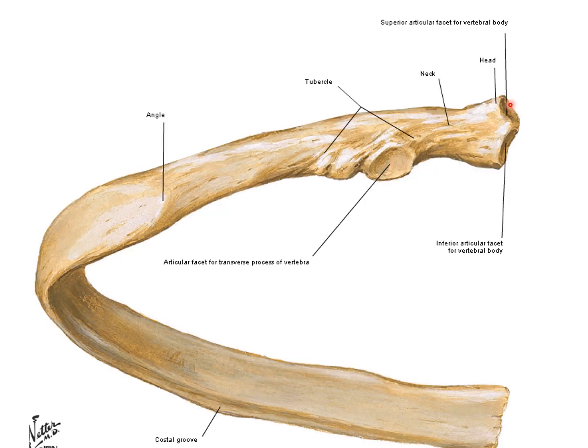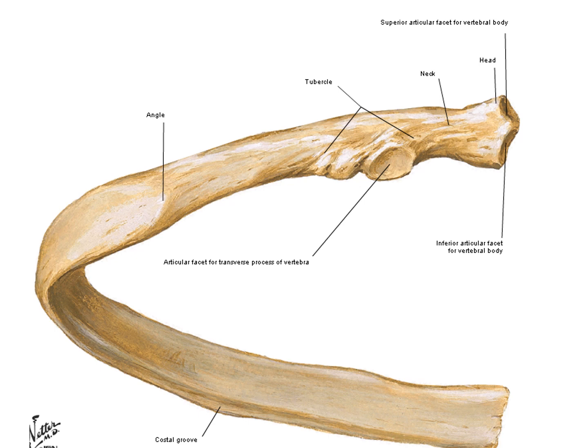This is the head. You can see in the head we have two facets. This is the facet for the vertebra above, and this is for its own vertebra. Here, this is a tubercle. You can see a facet for the transverse process, and a facet for the costotransverse ligament. This is the shaft with the angles, and here clearly we have the costal groove, or subcostal groove, for the neurovascular bundle.